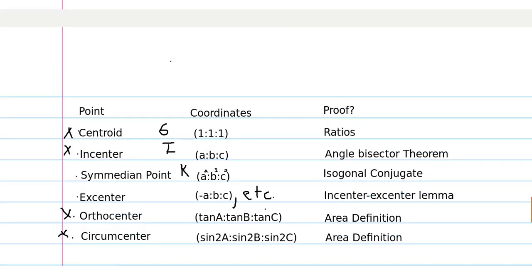Now the incenter is defined as the intersection of each angle bisector of triangle ABC, but it is also the center of a circle that is tangent to ABC at its 3 sides.